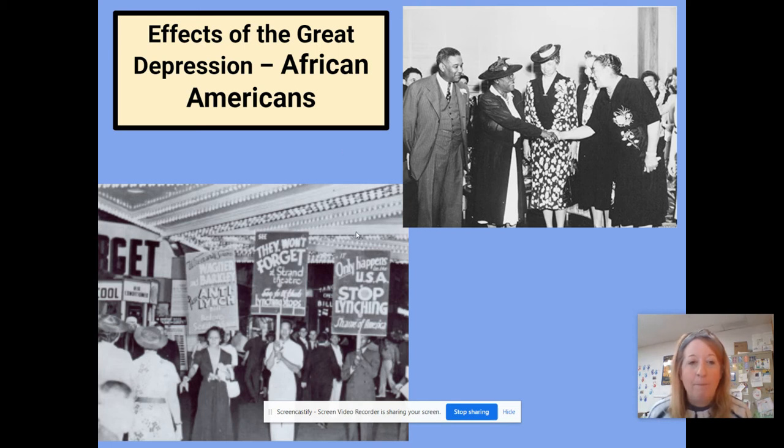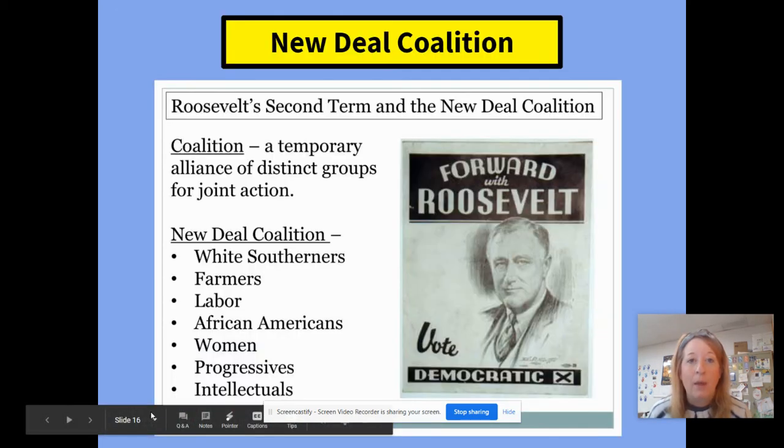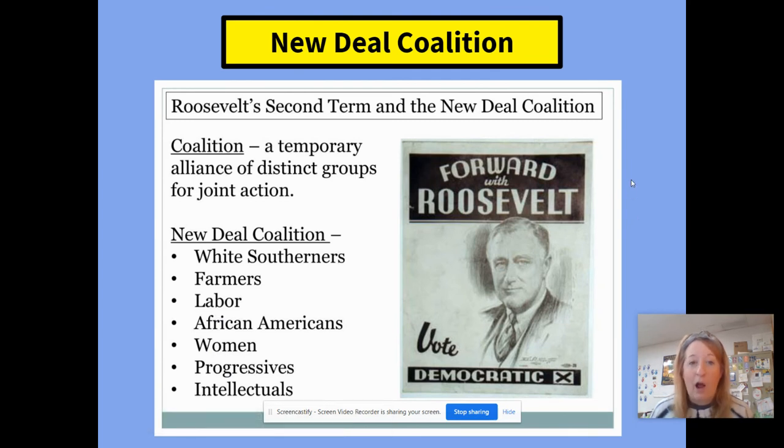However, like I said, full equality and civil rights is not something that is addressed or achieved during this time period. Despite all of that, many African Americans do support FDR politically.